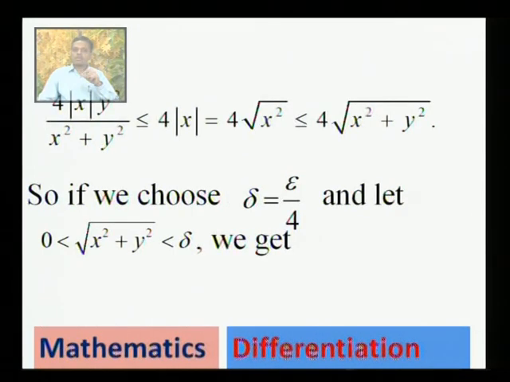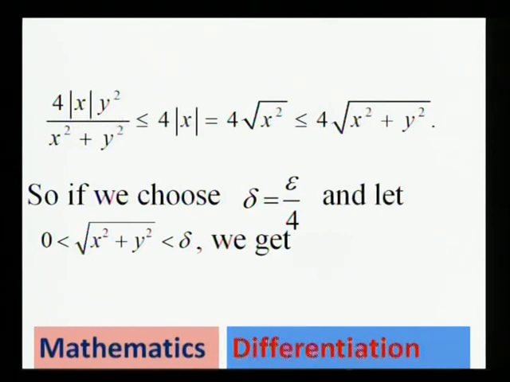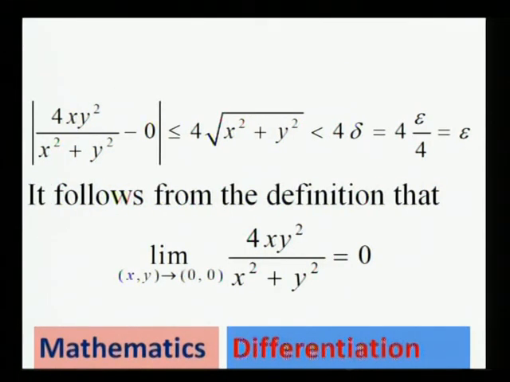So if you choose delta equal to epsilon by 4, that means the value of delta depends on epsilon. Then with 0 less than square root of x square plus y square less than delta, we get mod of 4 x y square divided by x square plus y square minus 0 less than or equal to 4 square root of x square plus y square less than 4 delta.